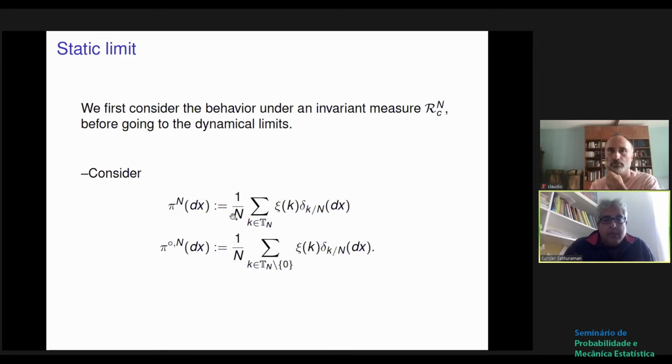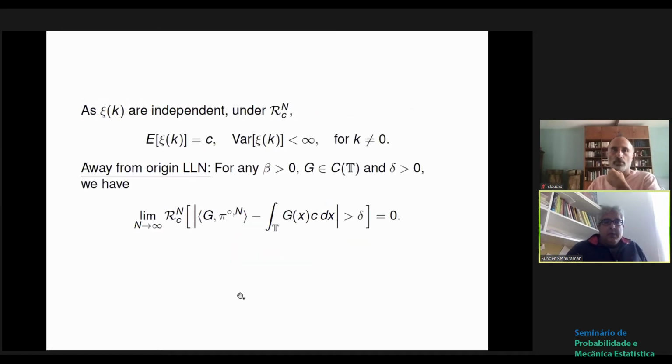So let's form the empirical measure, and this is the one excluding the slow site. This is a trivial thing. If you're away from the origin, of course, these variables are IID, and so the empirical measure is basically converging to this constant.